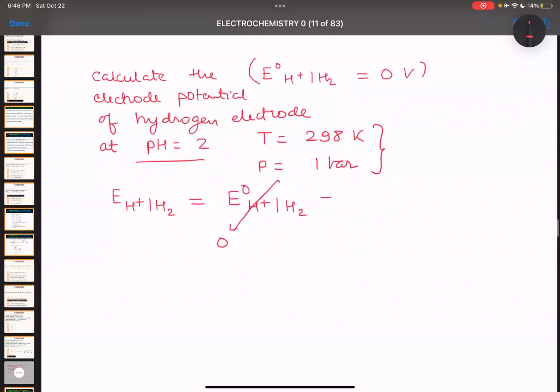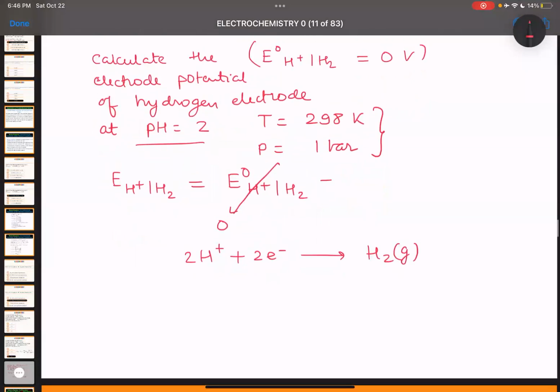But first write the equation also, what is happening. 2H plus taking 2 electrons to give H2. Yes, this is the equation, right?